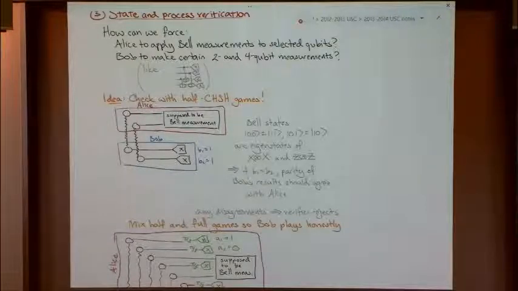But the point is that if by chance we ask Bob to measure X tensor X or Z tensor Z, since we're asking him random XZ, ZX, XX, or ZZ, then if it's one of these two possibilities, the Bell states are eigenstates of those two Pauli operators, and so the parity of his measurement results should agree with Alice's measurement result here.